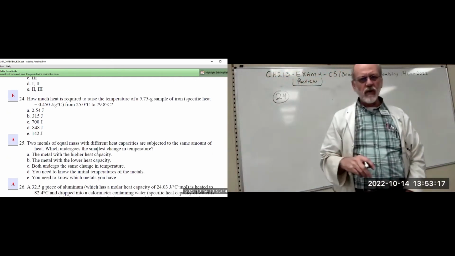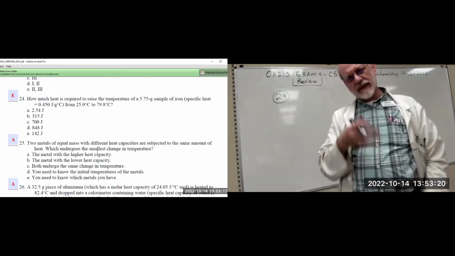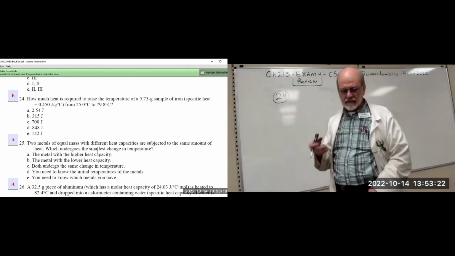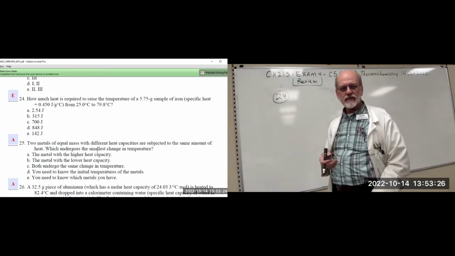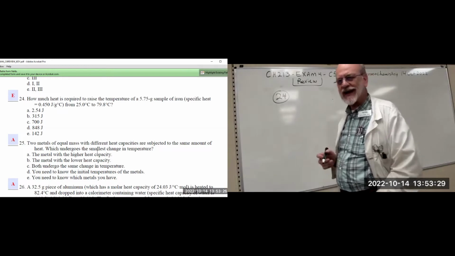This is a calorimetry problem. Well, it speaks to specific heat and the heat transfer. How much heat is required to raise the temperature of a 5.75 gram sample of iron?